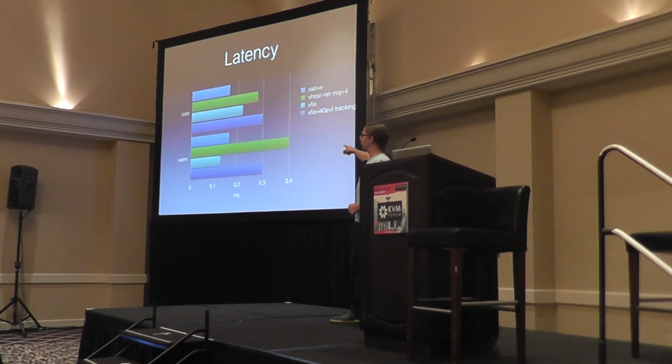I couldn't do standard deviation on that graph, unfortunately, but vhost was spiking throughout. You basically got anything from 0.2 to 2 milliseconds, somewhere in between. Whereas with the tracking thing, it always stuck at 0.3 milliseconds, which is probably the overhead that you have to go through to get to QEMU, get the interrupt in, and inject it back into the guest.